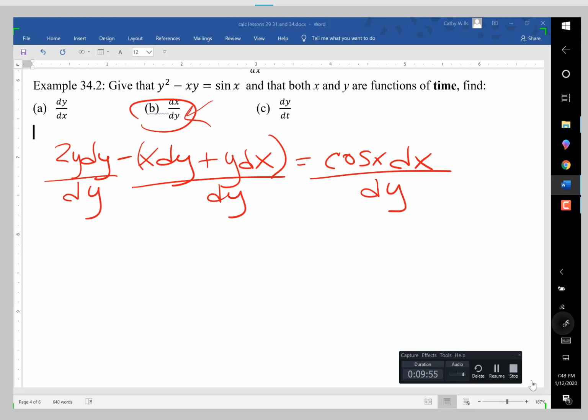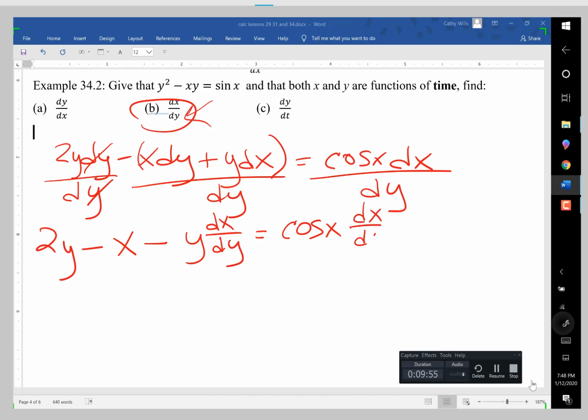All right, these cancel, and so we end up with 2y minus, the first thing we're going to get here is x dy over dy, so the dy's will cancel in that first part, and then minus y dx/dy equals cosine x dx/dy.